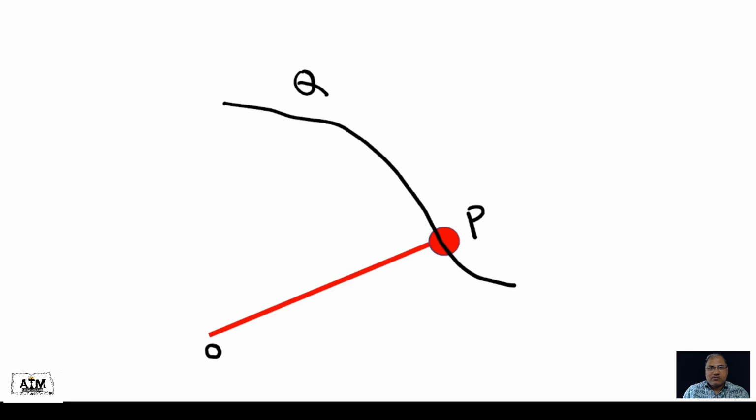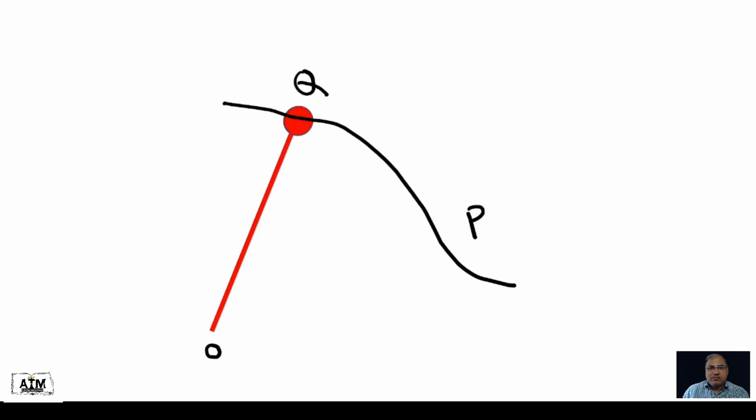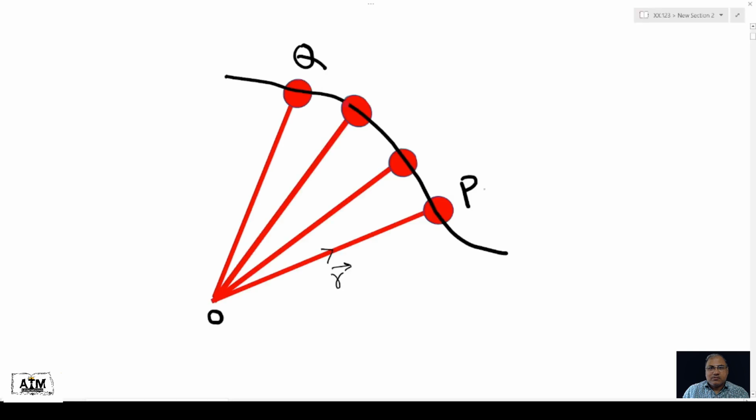You can also notice that as the point P is moving on the curve, the magnitude of vector R is also changing. This is the first position, this is the second position, this is the third position, and this is the last position. So the particle is moving on this curve from point P to Q.